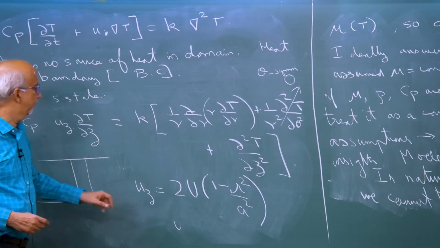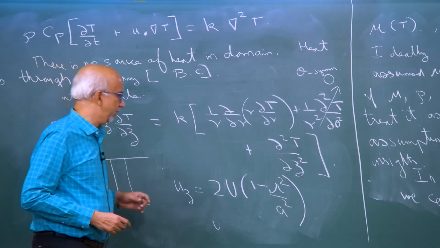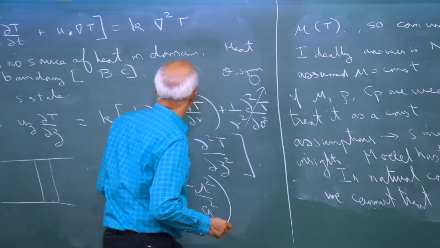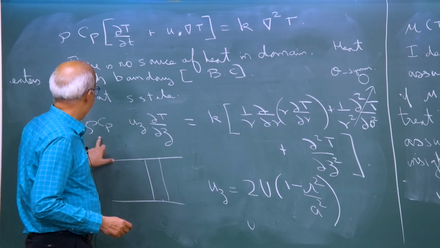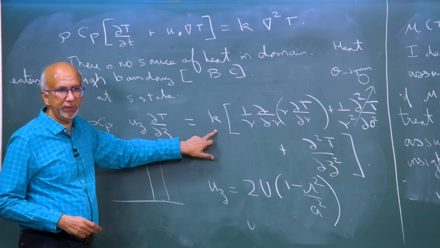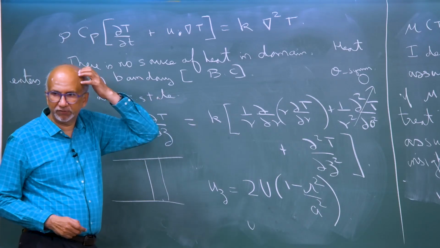So, this is my energy equation. What I want to do is substitute this velocity field here and divide by rho Cp and call this thermal diffusivity alpha.